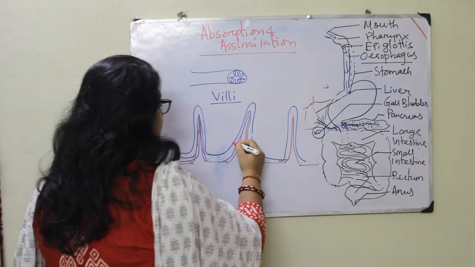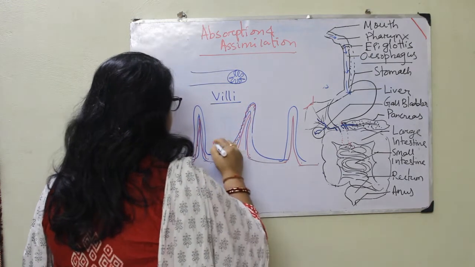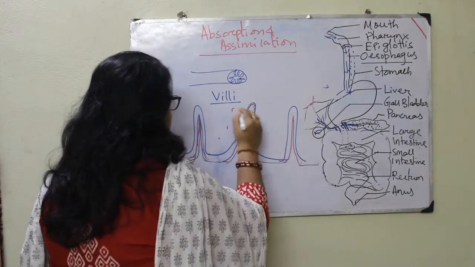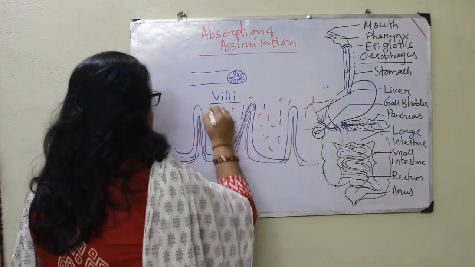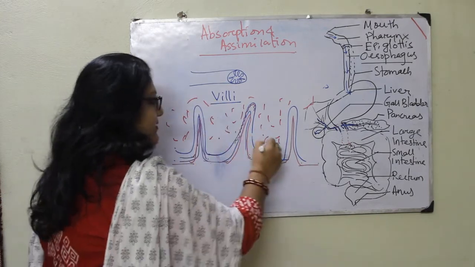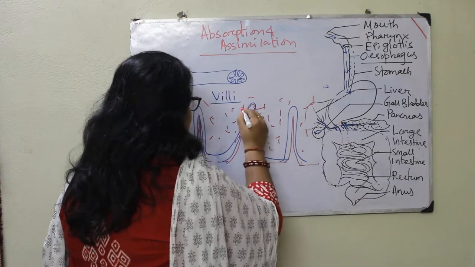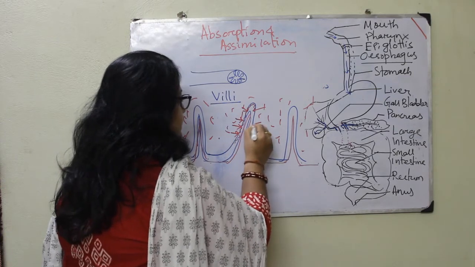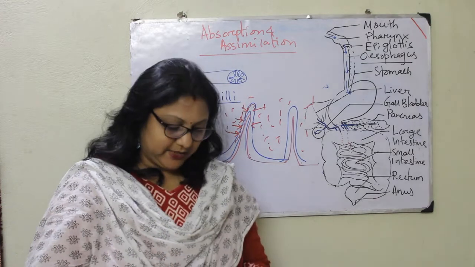So the cells which are present in these locations, now this is the tube of the small intestine, when the food particles move through the inner surface of the small intestine, these food particles get absorbed by the cells of the villi.